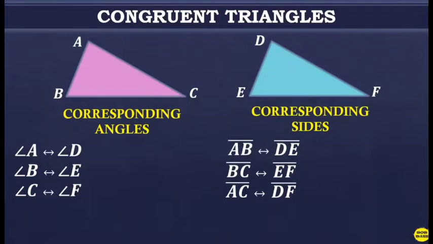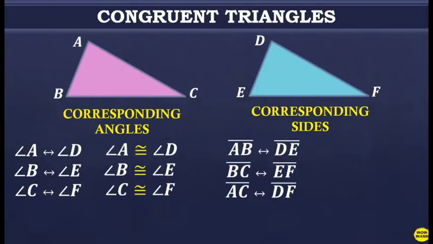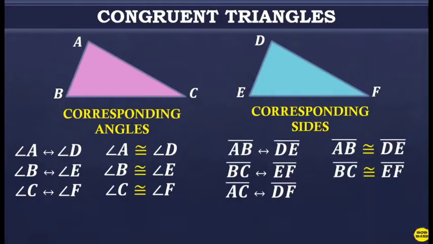Therefore, angle A is congruent to angle D. Angle B is congruent to angle E. Angle C is congruent to angle F. Also, AB is congruent to DE. BC is congruent to EF. And AC is congruent to DF.